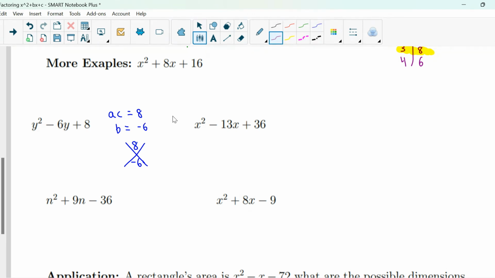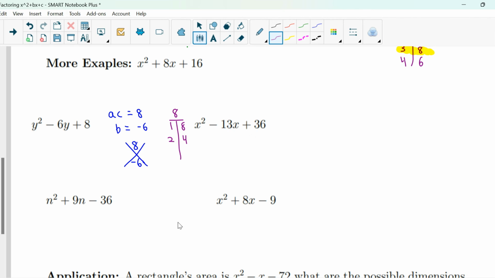Okay, let's look at our factors of 8 to see if we can get some ideas. 1 and 8, 2 and 4. So obviously, if we're only working with positive numbers, none of these factors are going to multiply to 8 and still add to -6. So now we're going to have to start looking at negative numbers.